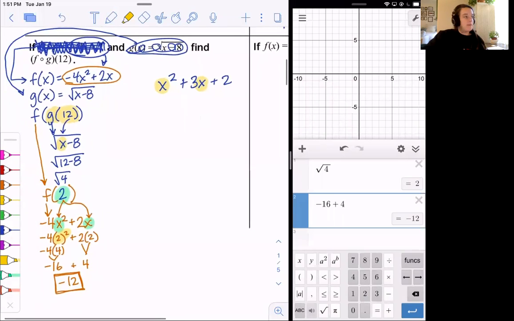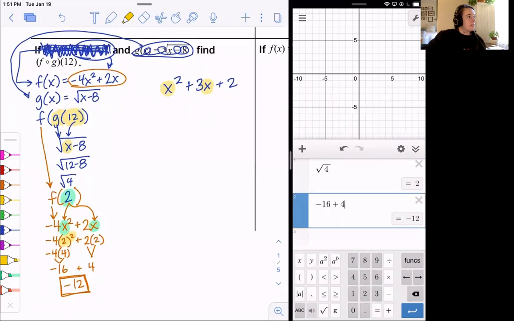Okay. After our third example, I would love to see how you are feeling now. Are you at 0 all the way up to a 5?